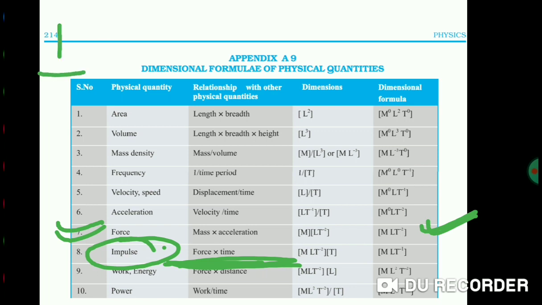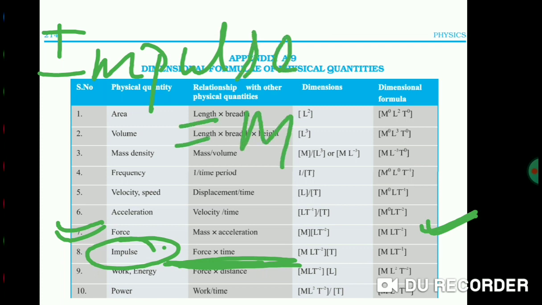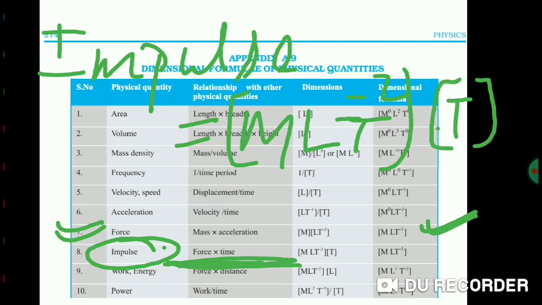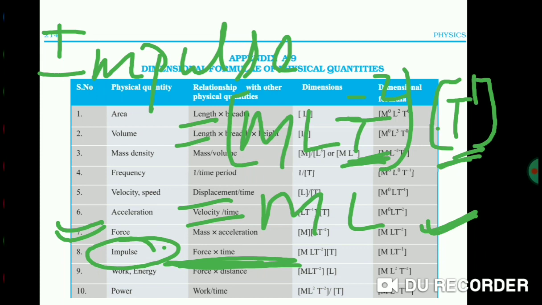So impulse is equal to force, dimensional formula M L T minus 2, into time, so T. So the new one is M L. When two quantities have the same base, the powers are added: minus 2 plus 1, so it becomes minus 1.